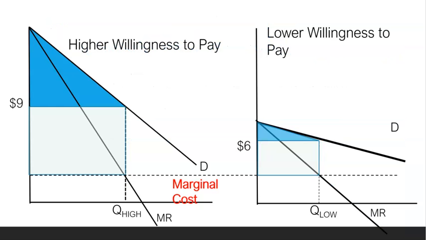So if you imagine that you're dividing your customers, just to consider a simple example, suppose we've got two kinds of customers: those with a relatively high demand or high willingness to pay, and those with a predictably lower willingness to pay.